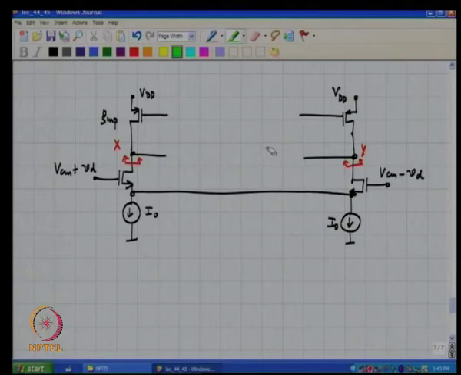So given two nodes X and Y, what is the meaning of their common mode potential? The common mode potential of two nodes is simply the average of their two potentials. So if you have nodes with potentials Vx and Vy, what is one very simple way of measuring their average?